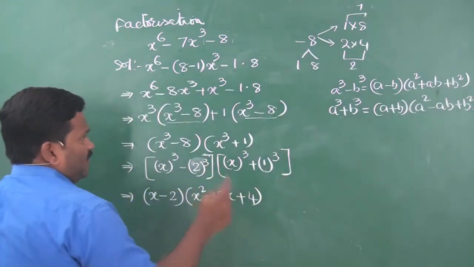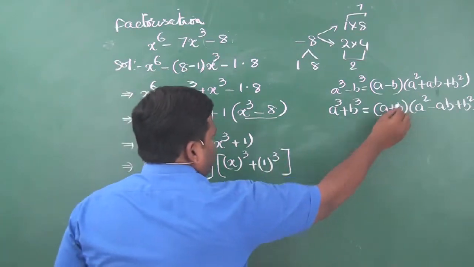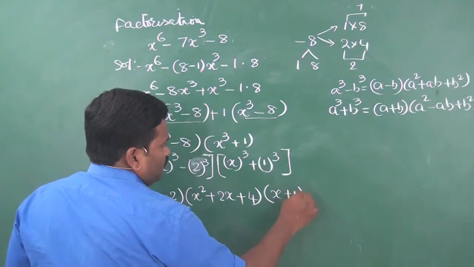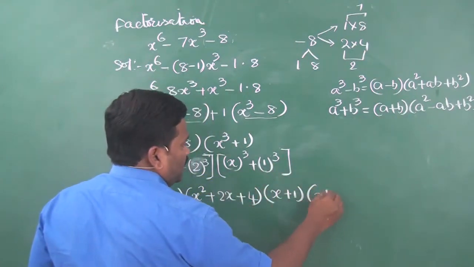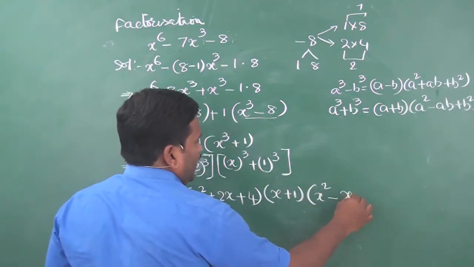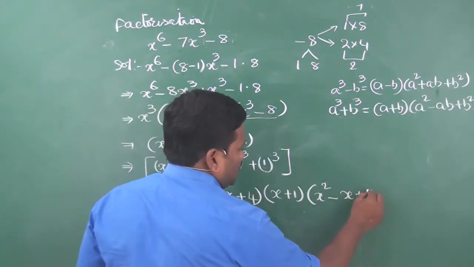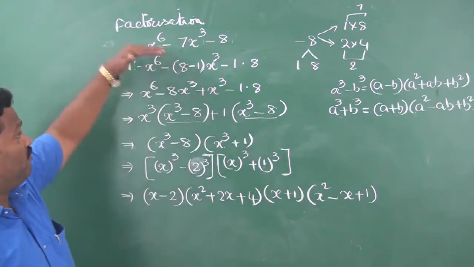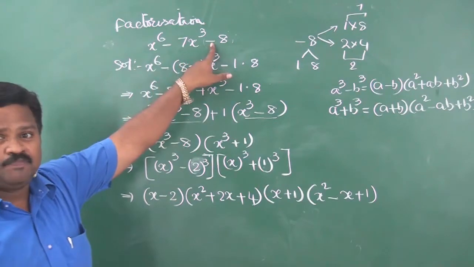In place of a we have x, in place of b we have 1. Therefore a plus b is x plus 1, and a square is x square, minus ab is x into 1, x, plus b square is 1 square, which is nothing but 1. Therefore these four are the factors of x power 6 minus 7x cube minus 8.